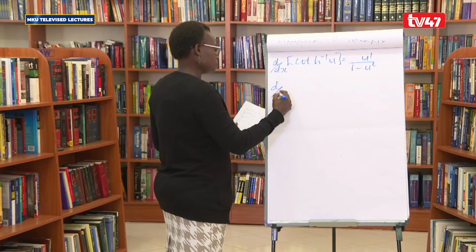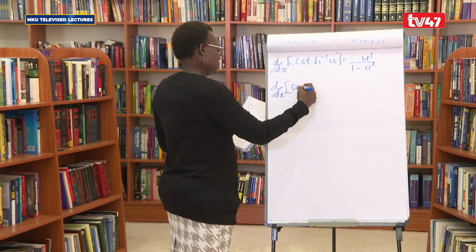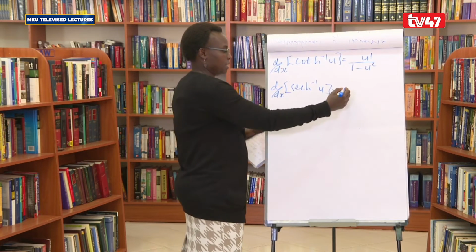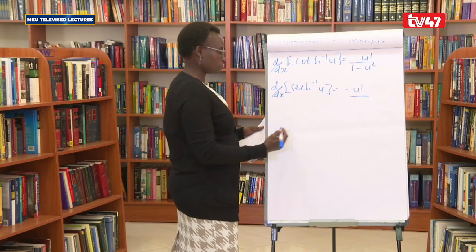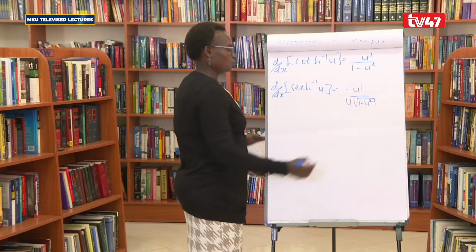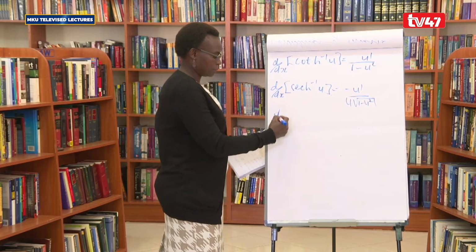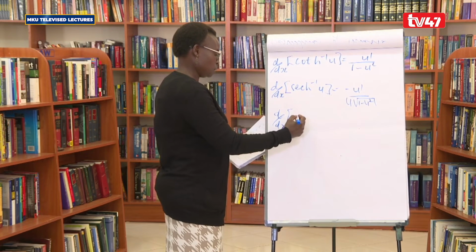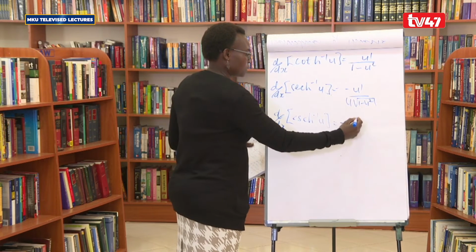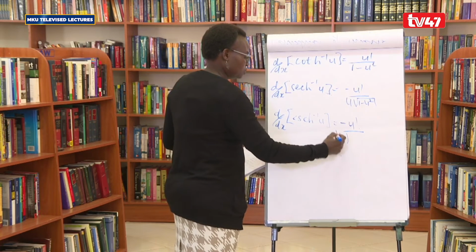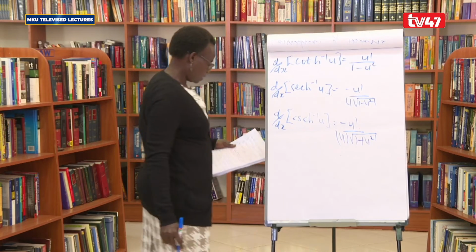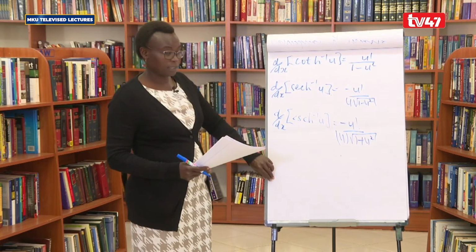Then for sec hyperbolic inverse of u, this will give us negative u bar over u times the square root of 1 minus u squared. And then lastly, cosec hyperbolic inverse of u will give us negative u bar over absolute value of u times square root of 1 plus u squared.